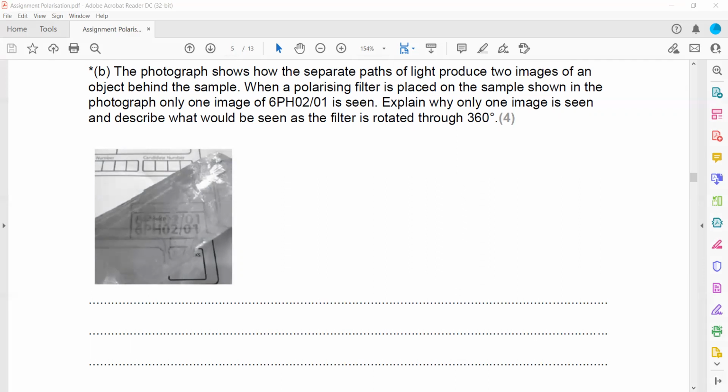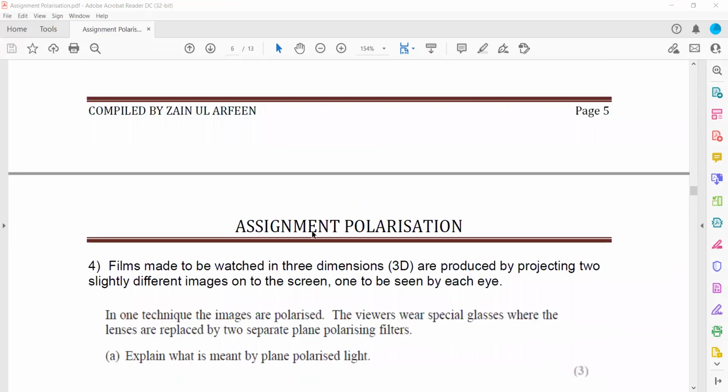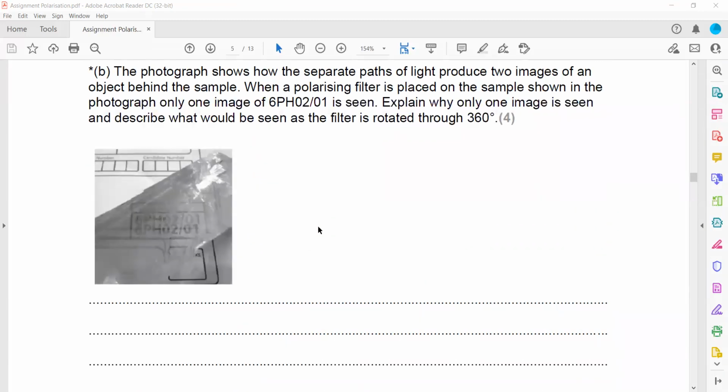And if we rotate the polarizing filter, so as two images are seen, one is basically due to the refraction, the light which is directly refracted.